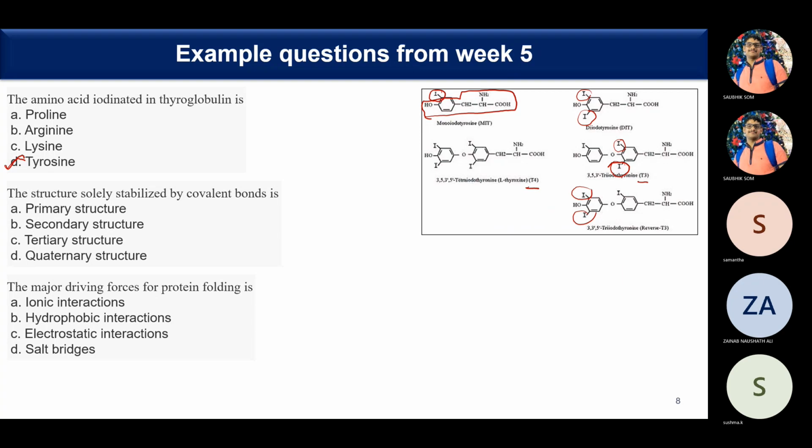Okay. The protein structure solely stabilized by covalent bonds would, of course, be the primary structure, because in the primary structure, as I showed you, the R1 group is connected through the CONH group with another R2, correct?